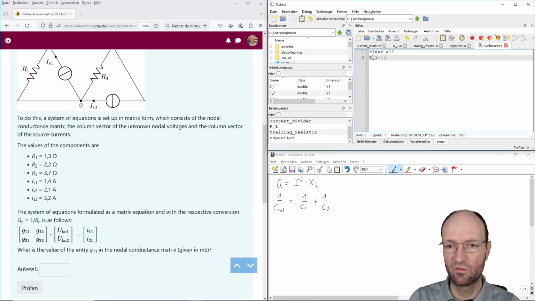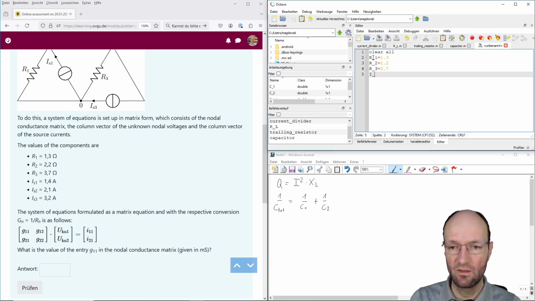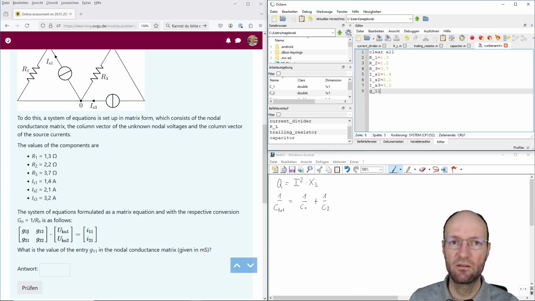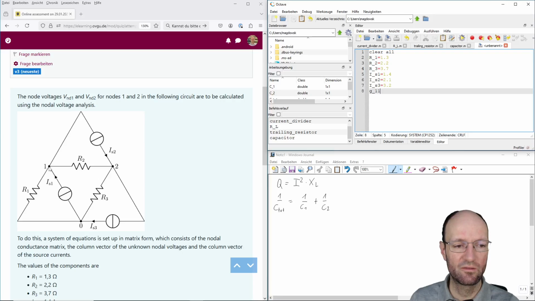So R1 is 1.3 ohm, R2 is 2.2 ohm, and R3 is 3.7 ohm. And the first source current is 1.4 ampere, the second source current is 2.1 ampere, and the last source current is 3.2 ampere.